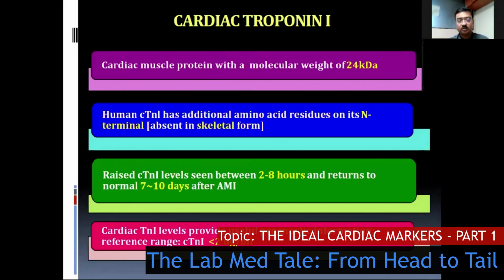So after the cardiac troponin I detection level, we started. It starts 2 to 8 hours after cardiac injury and remains about 7 to 10 days. So it's a long-standing one. It has a secondary peak later on. So it is the most important one for definitive diagnosis within the golden period, as well as if somebody, particularly in Indian conditions, when the majority of the time you actually miss the bus, you don't reach the medical unit when you have a heart attack.